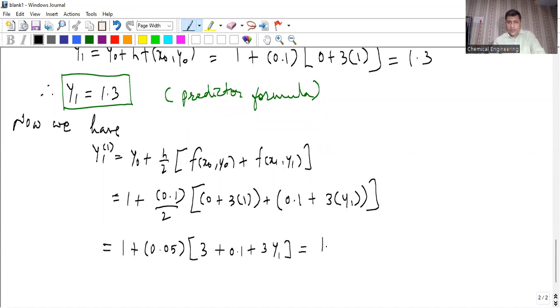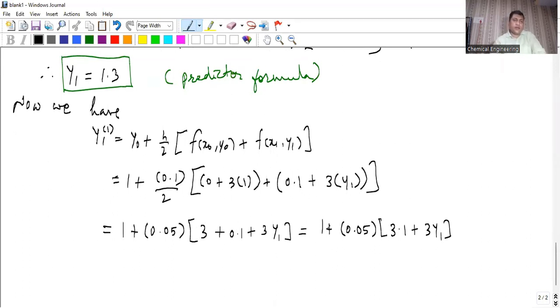So we can write this as 1 plus 0.05 times, this is 3 and 0.1, so this is going to be 3.1 plus 3 times y1. Now we have to write this equation. So the first correction to y1 is 1 plus 0.05 times 3.1 plus 3y1.